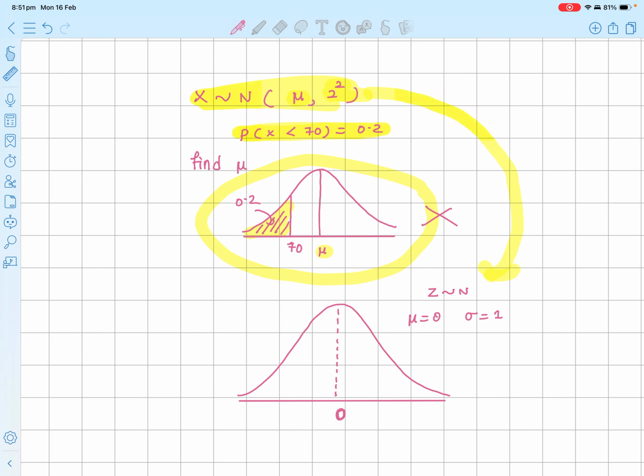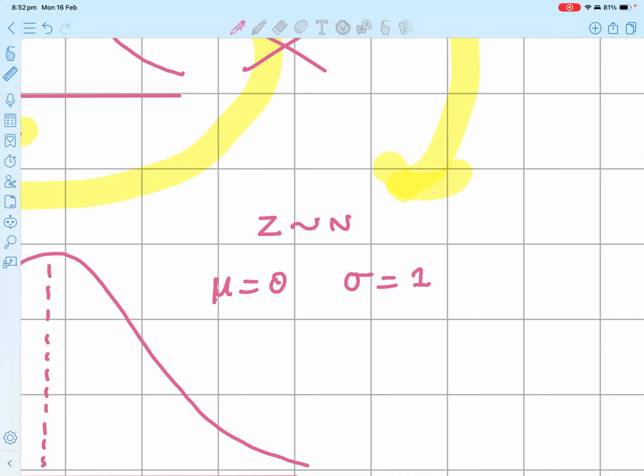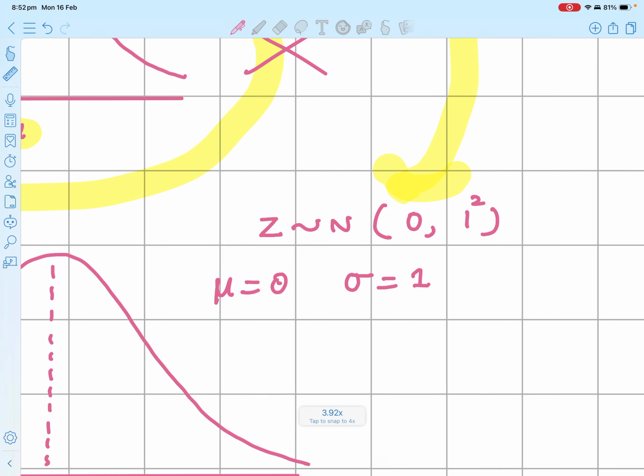So I've just put it as Z. Z is a standard distribution sign. So every time you see Z, that means standardized form. And mean is 0. Standard deviation is 1. So 1 squared. Now I know 0 and 1.